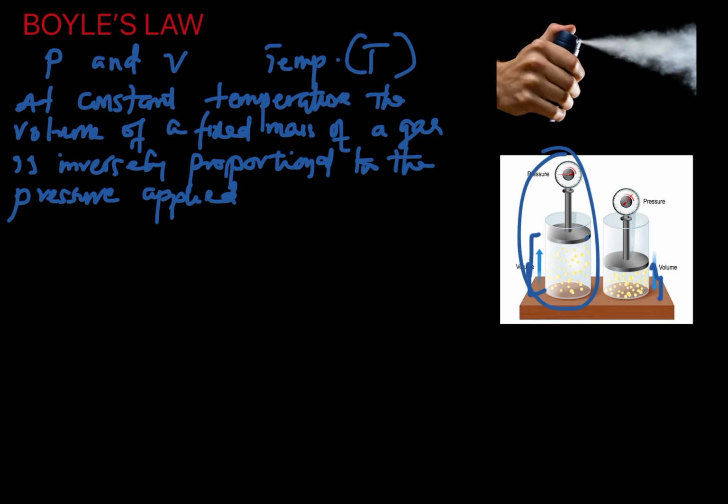Why? As we press down, decreasing volume, the molecules are now colliding with themselves and with the walls of the container at a very high rate, and therefore the force acting on that area has increased, and that will constitute an increase in pressure.